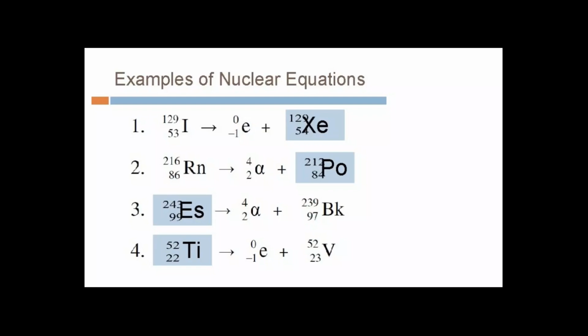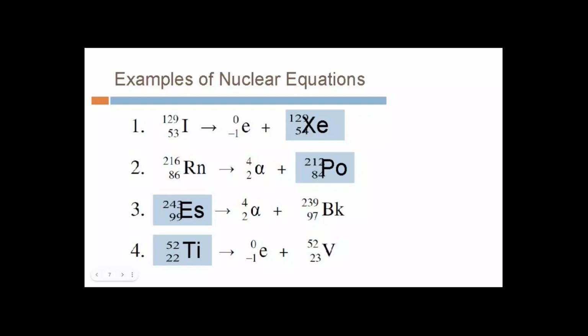So its atomic number decreases by 2, and its atomic mass decreases by 4. So the sum on this side of the arrow, 86, is equal to this side, and 216 is equal to 4 plus 212. And you can identify the element by looking at a periodic table.